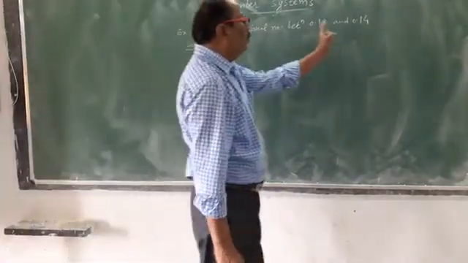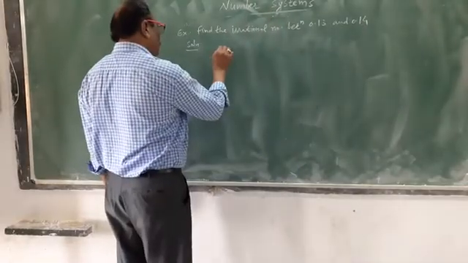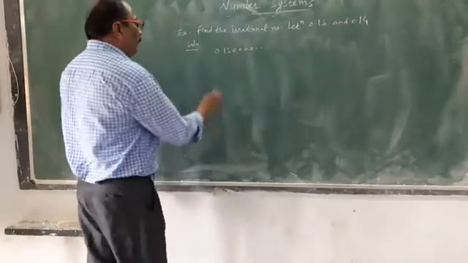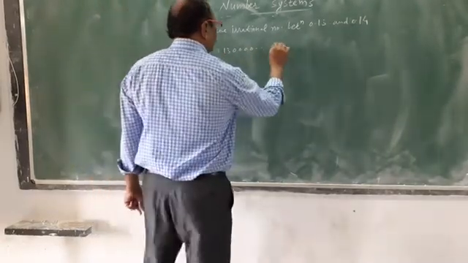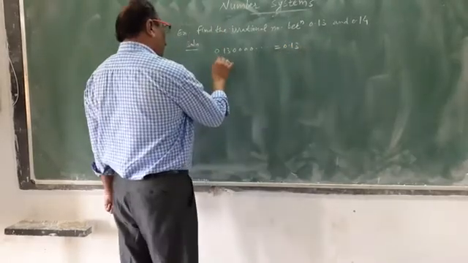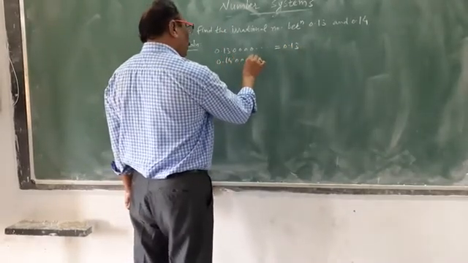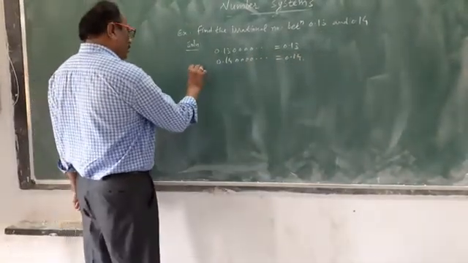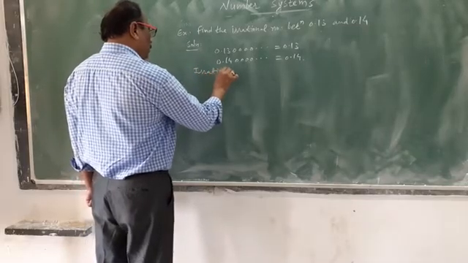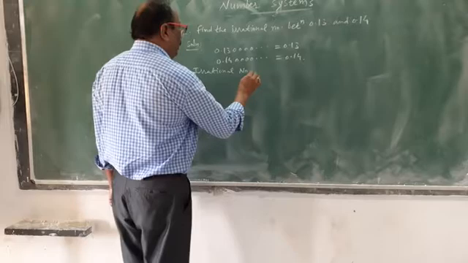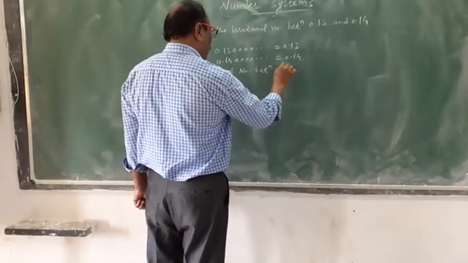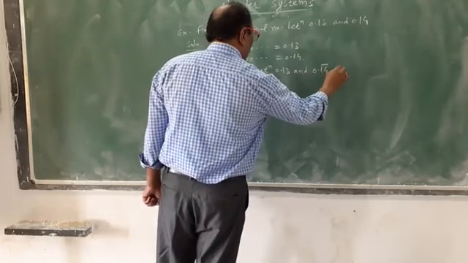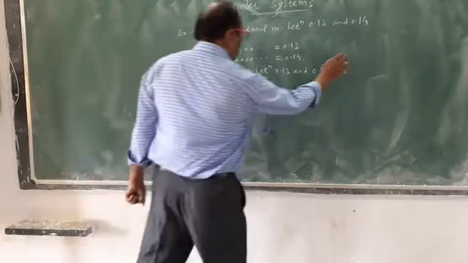Between these two rational numbers, 0.13 means 0.1300000, and 0.14 is 0.14000000. Then we need an irrational number between 0.13 and 0.14.